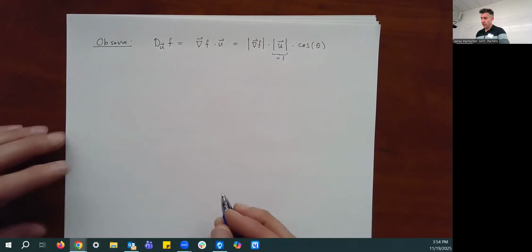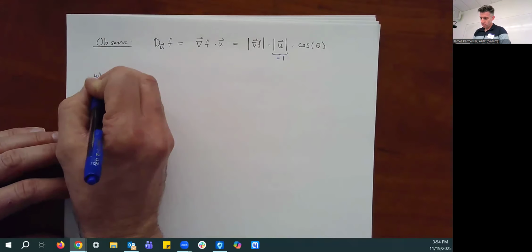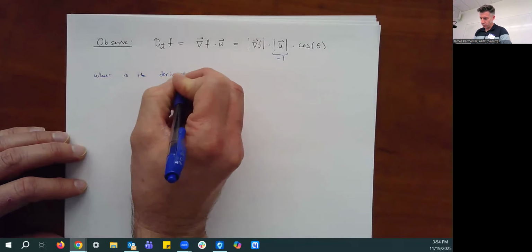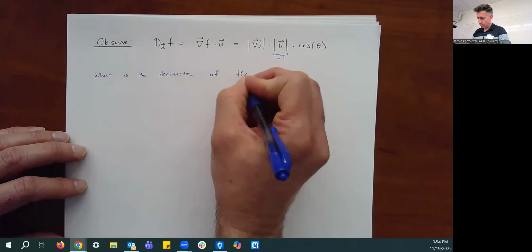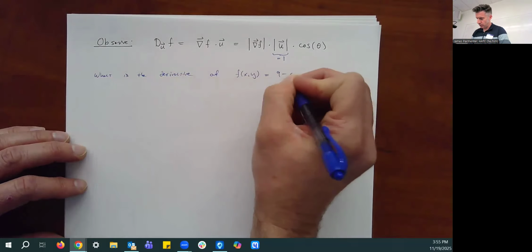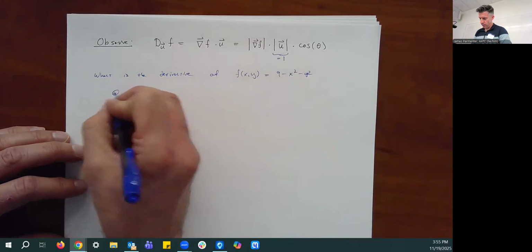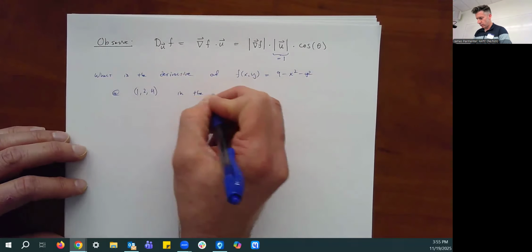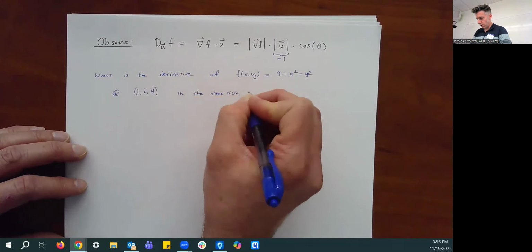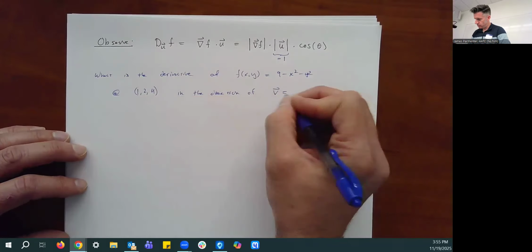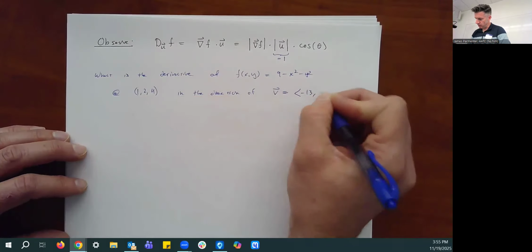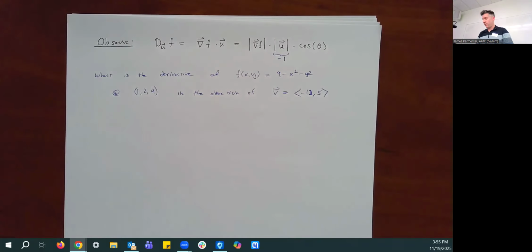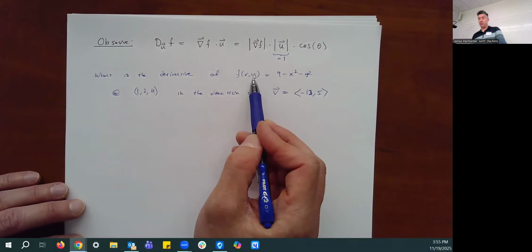So for example, if I asked what is the derivative of the same function as before, f of x comma y equal to 9 minus x squared minus y squared, still at the same point, 1 comma 2 comma 4, but now in the direction of v equal to negative 12 comma 5, I can't just dot my gradient vector with that vector.